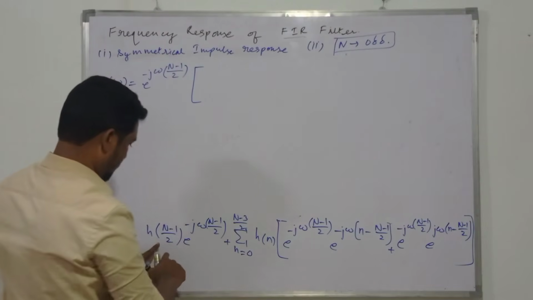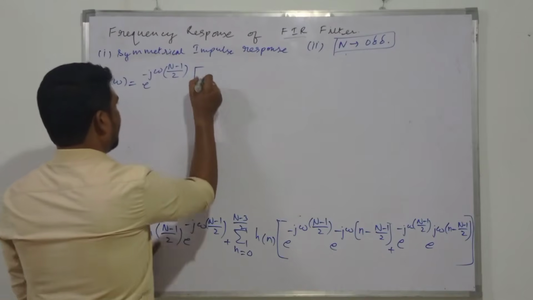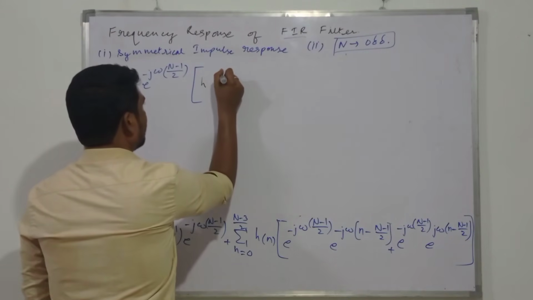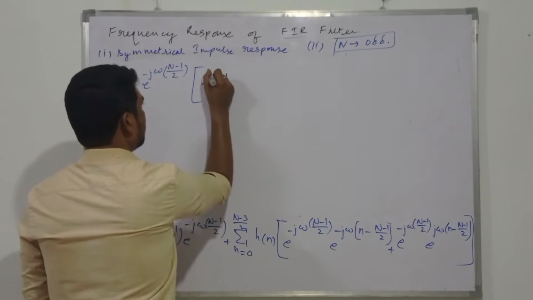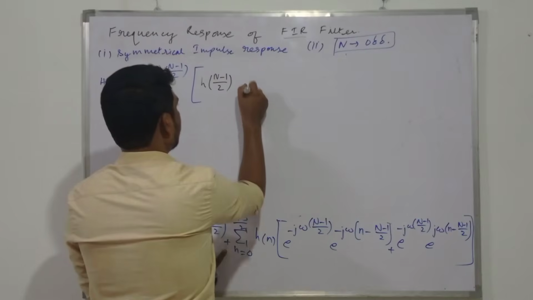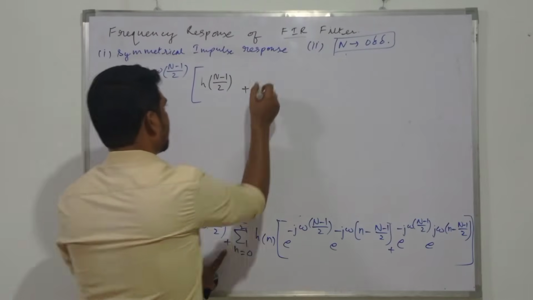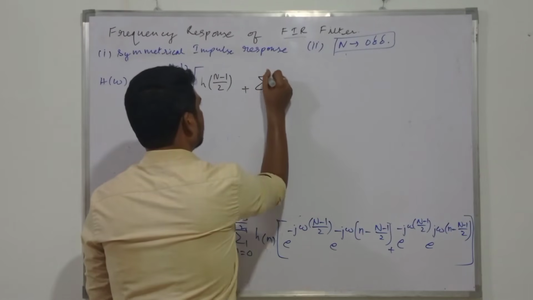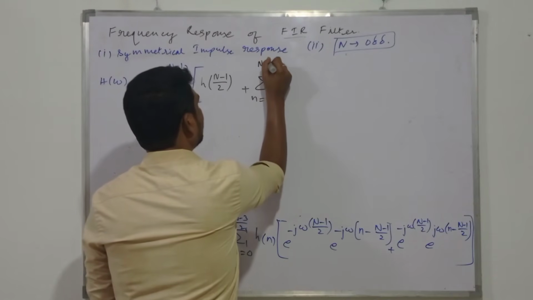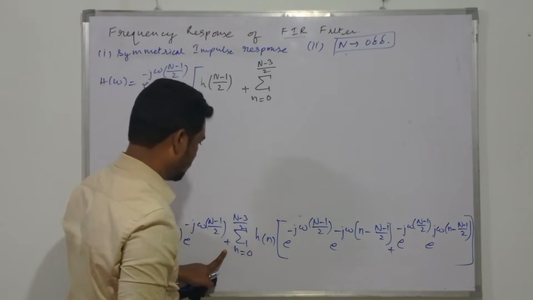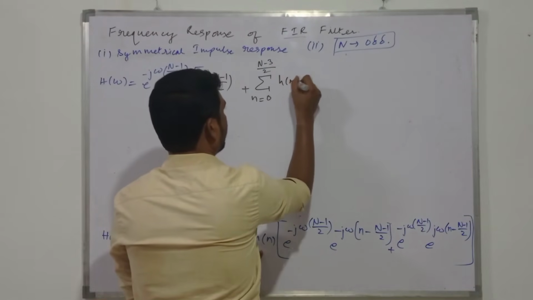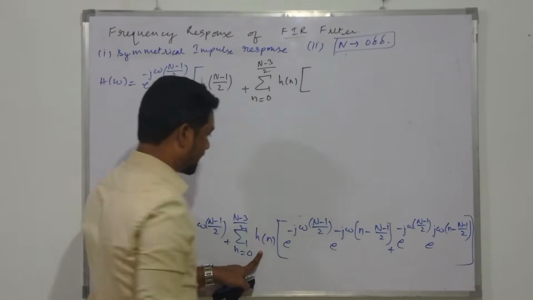It's h of (N minus 1)/2, the exponential has come out, plus over here a summation n equal to 0 to (N minus 3)/2, and h of n, close the bracket, another bracket for this one.